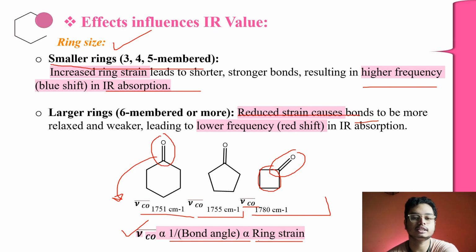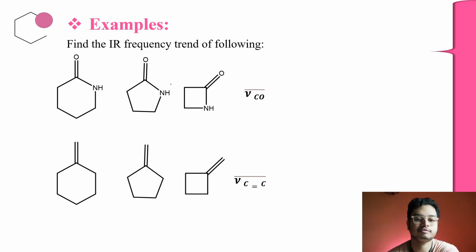Okay, so now let us do some examples on ring strain. Here you can find that this is the 6-member ring, this is the 5-member ring, this is the 4-member ring. That means the nu CO of this ring is much higher than this and this. Although a partial double bond or single bond characteristic is observed due to resonance, this phenomenon is observed in all three cases. For this case there is also a lesser chance of it because of the ring strain.